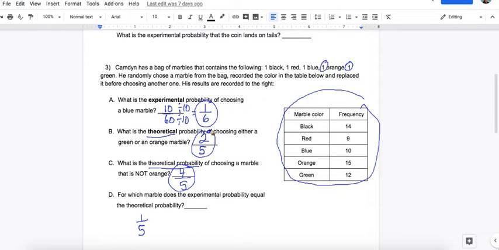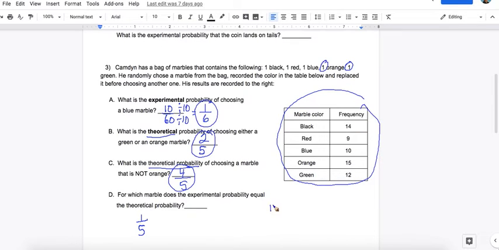I knew blue isn't going to simplify to 1/5. I already got 1/6. But I noticed 1/6 is really close to 1/5, so it's got to be something close to it. Now, what I can check too is I know that 1/5, if I check the decimal for that, is 0.2. So I'm looking for a fraction that gives me 0.2.